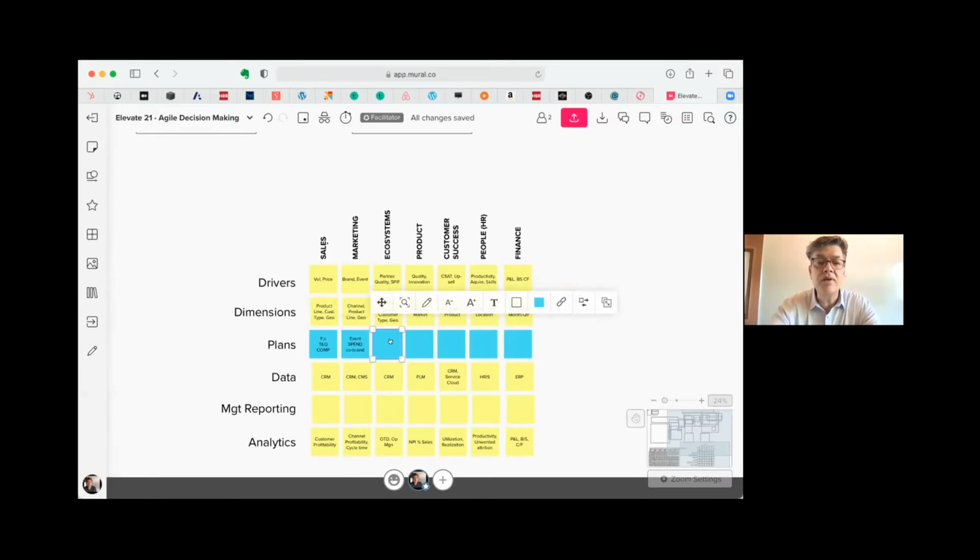In the ecosystems, it'll be my channel plan. In product, it'll be my product plan, my new product introduction roadmap, maybe. In customer success, it's going to be my utilization plan. In HR, it's the whole thing in all of my workforce plan, from hire to retire, including succession plan, skill plan, any kind of other planning you can think about.